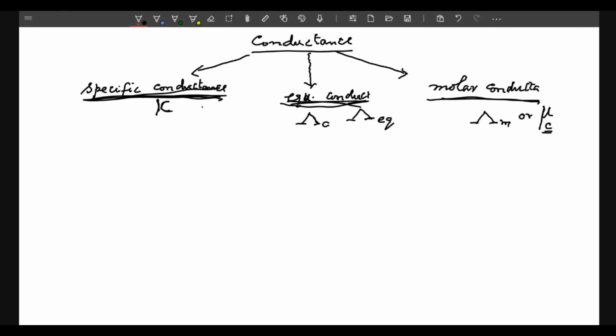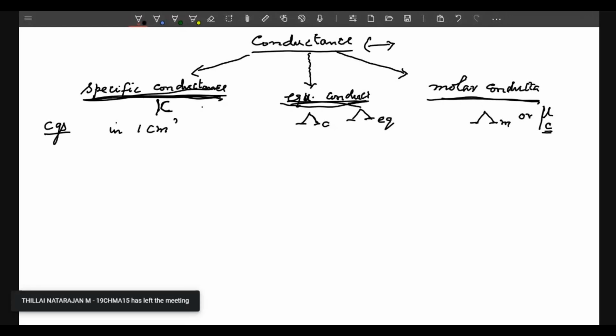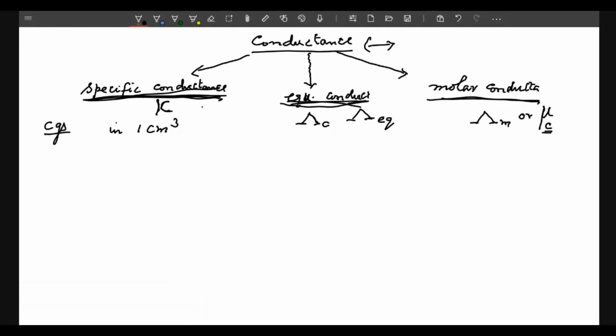And the specific conductance in the CGS system, you know what the CGS system is. The definition is the conducting power of all the ions that are present, which is the common term we have already given for the definition of conductance, in 1 centimeter cube, 1 cc or 1 ml of the solution.